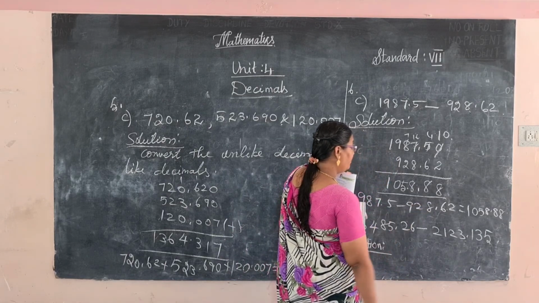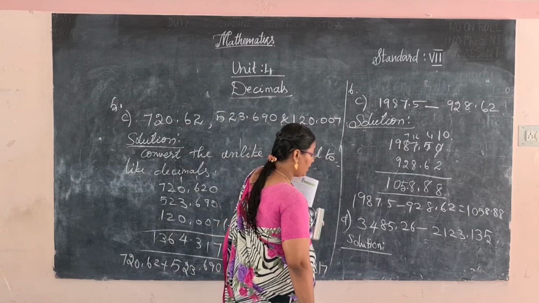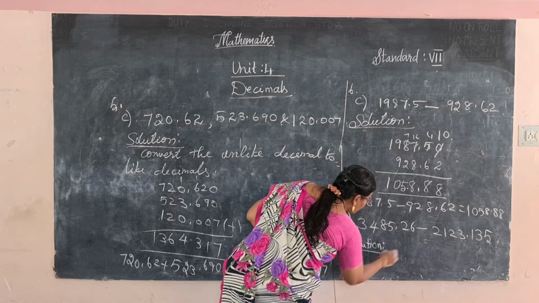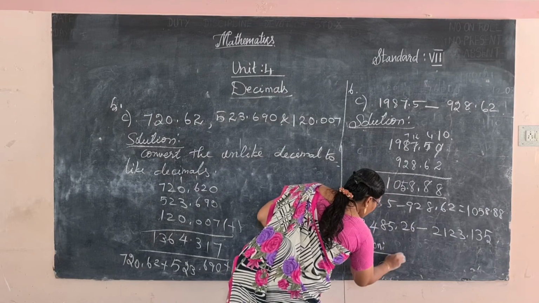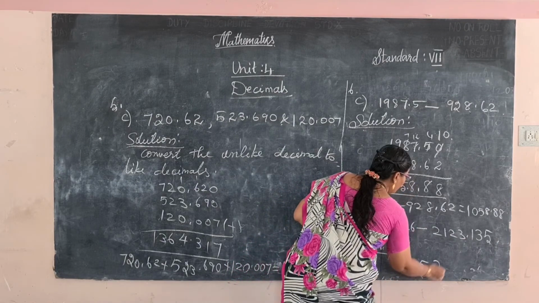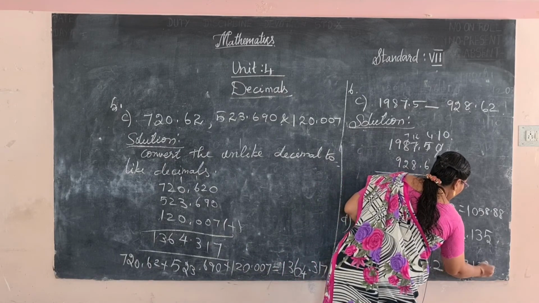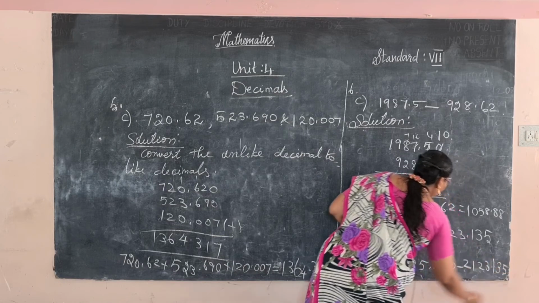First change to which one? Like fractions, sorry, like decimals. So change: 3485.260 minus 2123.135.